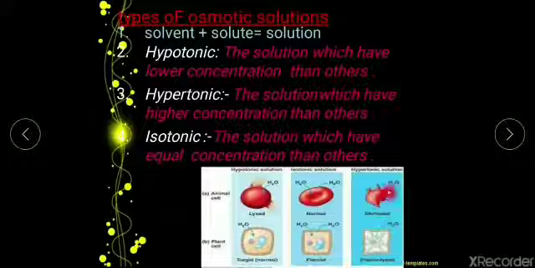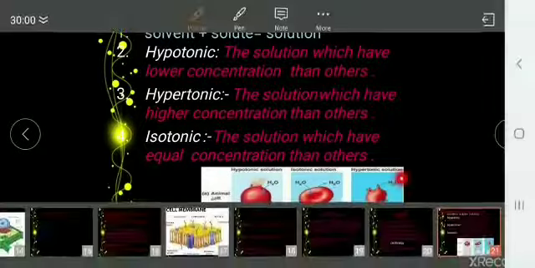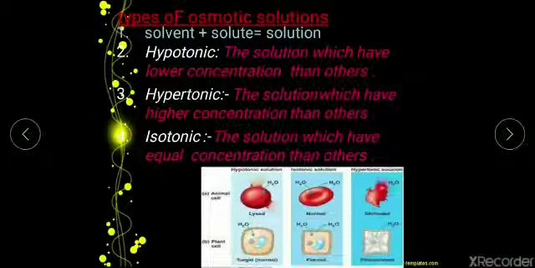And the third example is hypertonic solution. Now in case of hypertonic solution, because inside the solute concentration is more and the solvent concentration is too less, and outside यहाँ पे क्या हो रहा है, solute concentration कम है, solvent concentration बहुत ज़्यादा है. So as a result of this, again to maintain the balance, the water will move outside the cell.